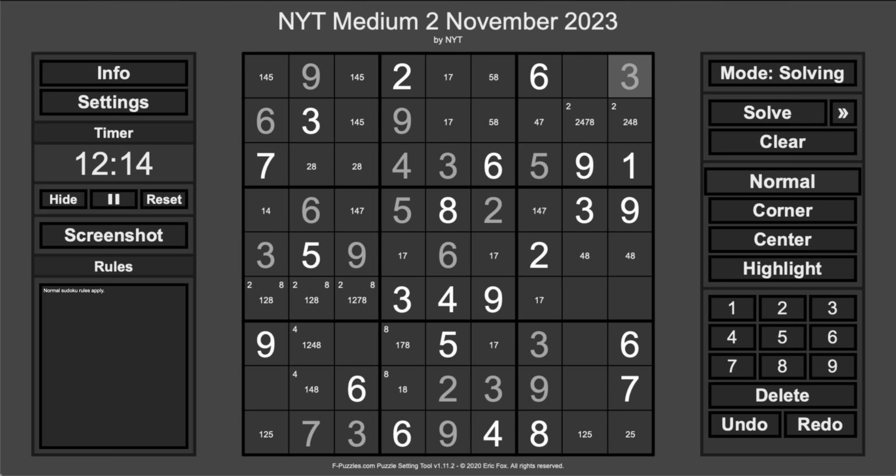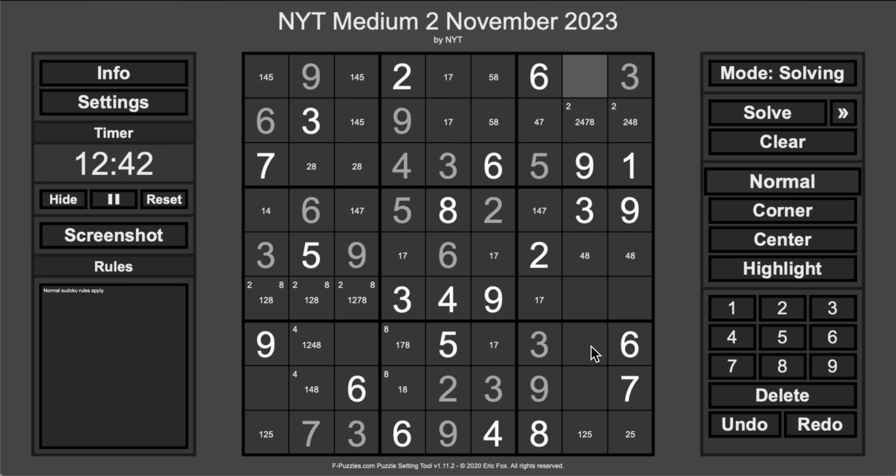Okay. One crosses the box. 4 crosses the box. Ah, shucks. Okay, this one: 2, 6, along with 1, 3, 5, 9.